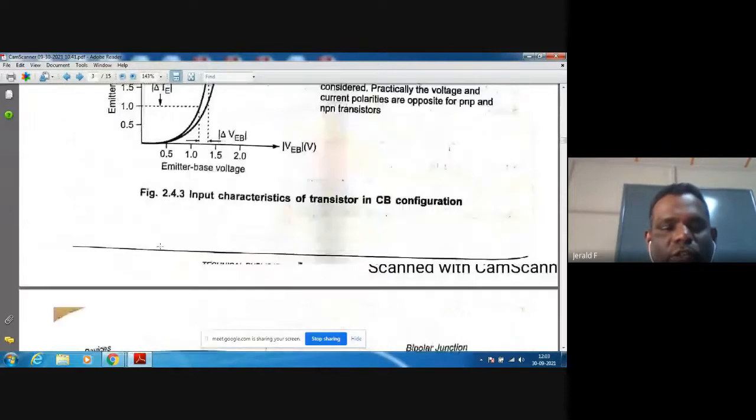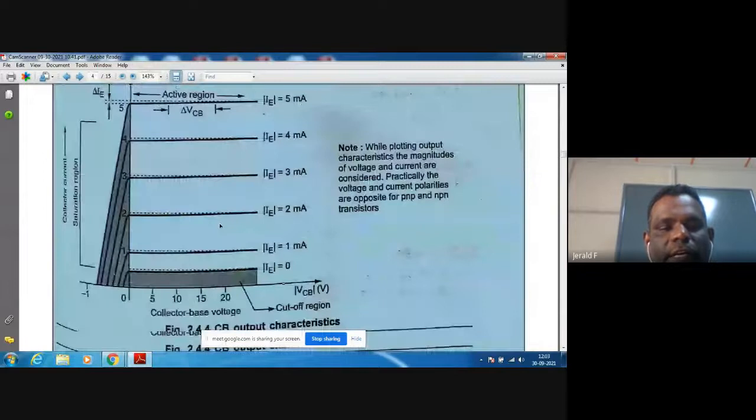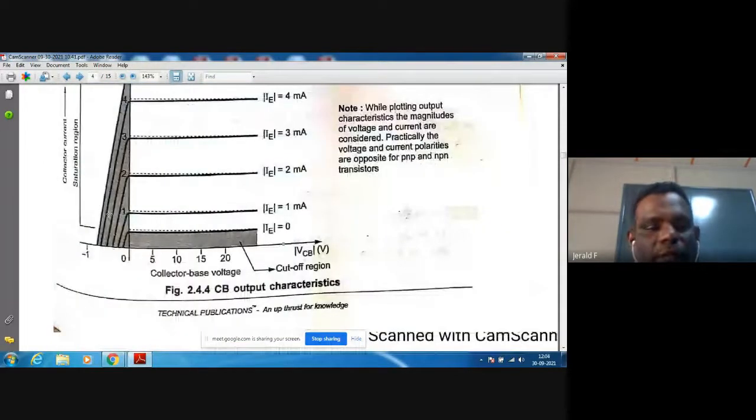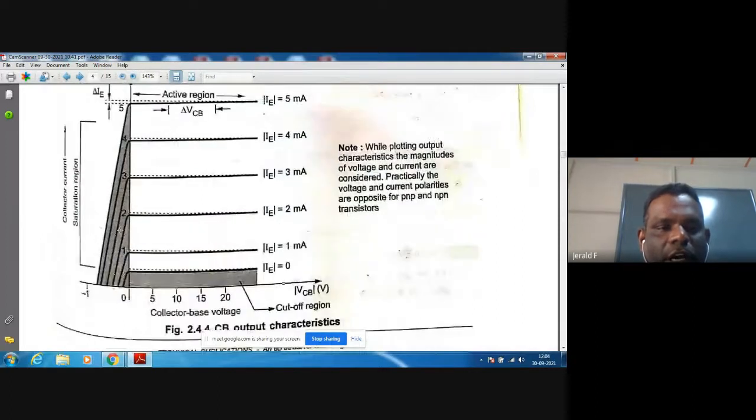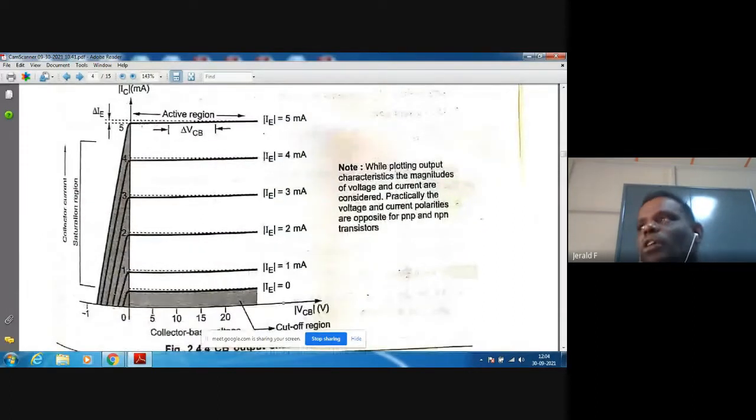Next, for the collector, that is the output side. What is the output side? We can use the collector base voltage as well as the collector current. Then we can mention the cutoff region, the saturation region, and finally this one is the active region.